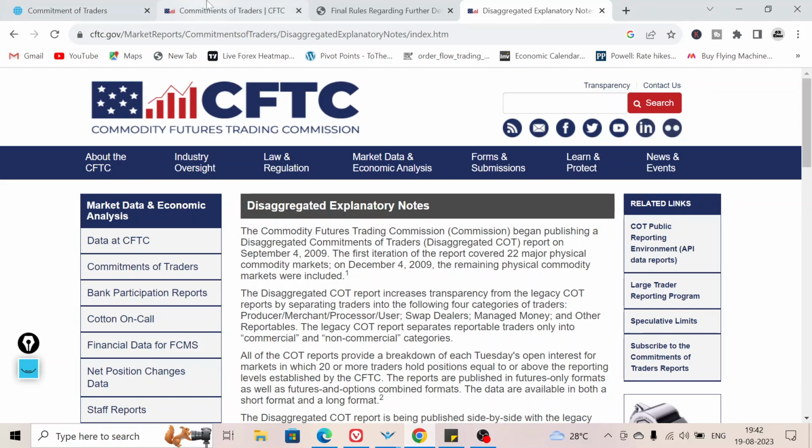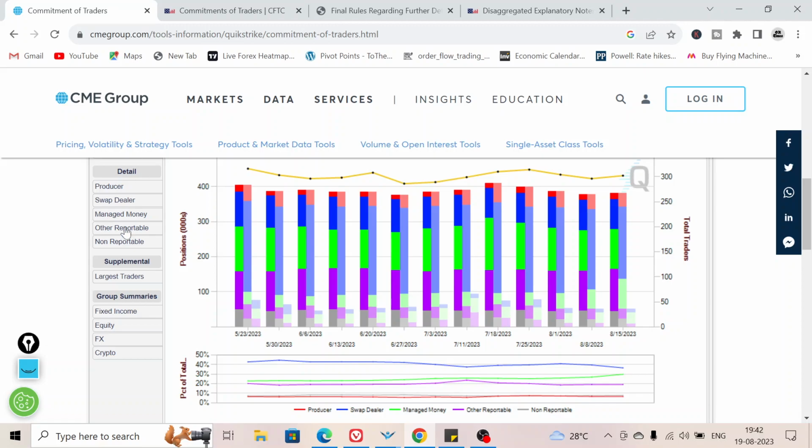Our main concern and our main target is the managed money, this right over here. The managed money are those who are managing the large funds, like the banks, or, what we call them, the asset managers.